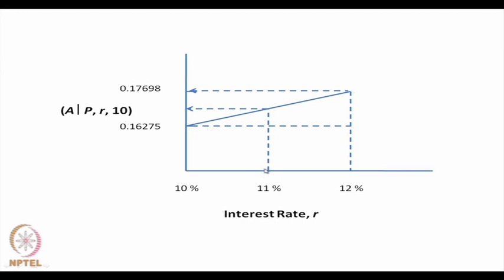Therefore, 11% is just half of this. So, take the half of this plus this, divided by 2. It is an approximation, it will not be exactly the value, but this is how we can interpolate and get an approximate value.